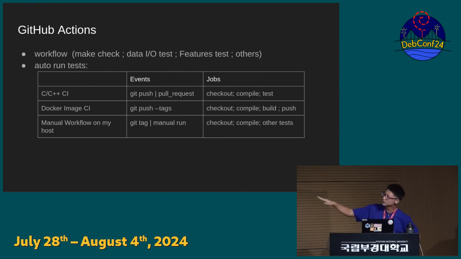The first one is, for each commit, we get the latest code and compile it. The second one is for the Docker image. If we receive a commit, we generate the container image and auto publish it to Docker Hub. And the third one is that we auto run large data I/O tests.